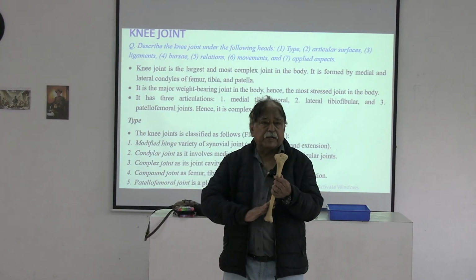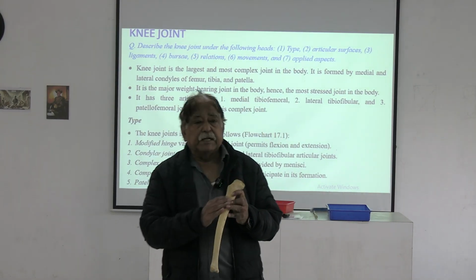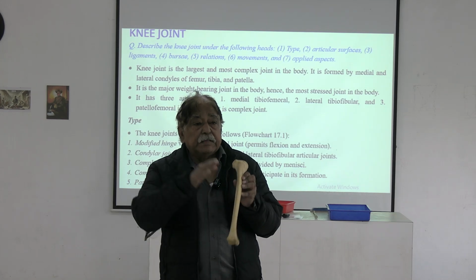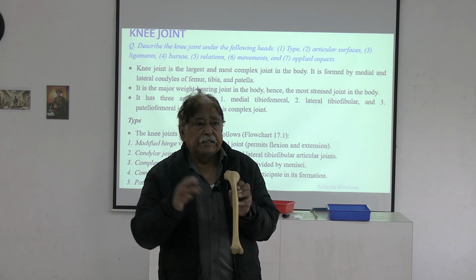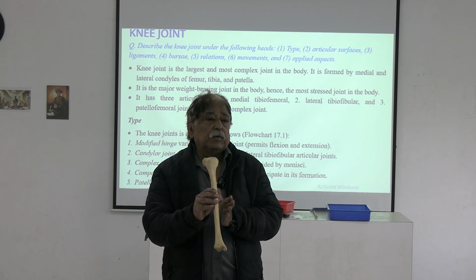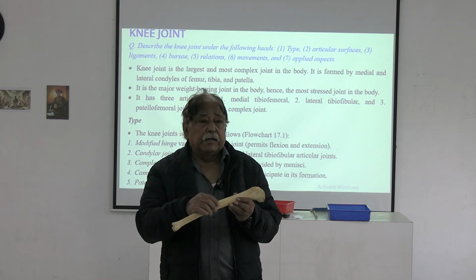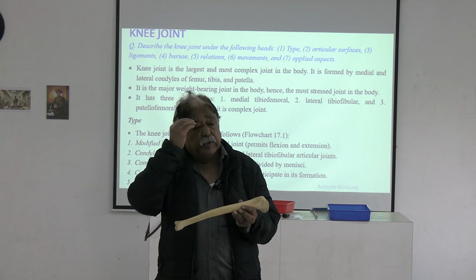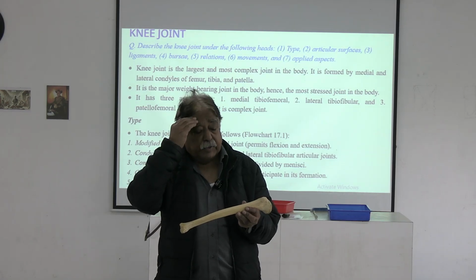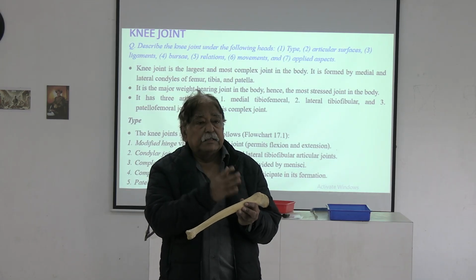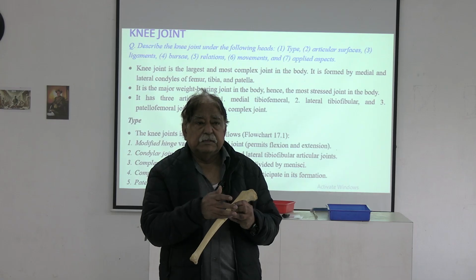Now the posterior aspect and the anterior aspect: when you study the leg, you look at the compartments, and when we demonstrate to you, then you will see the muscles. What are the muscles?